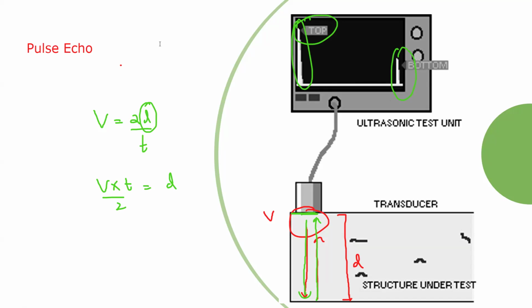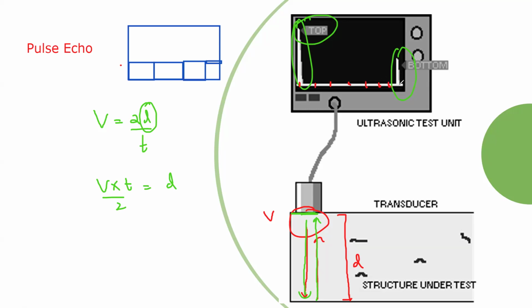In a CRO, the x-axis is a time base. Each box has a certain unit, which can be milliseconds or microseconds. We count how many boxes or frames are there between the two pulses.